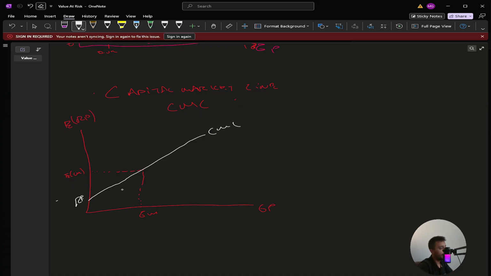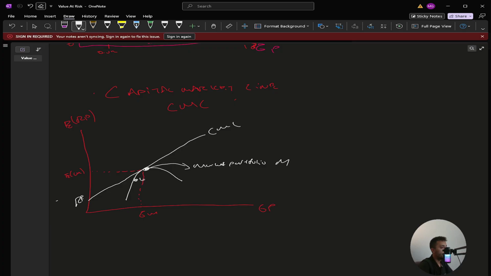All right. And then we have a curve, and they have an intersection here. This is, of course, the market portfolio.